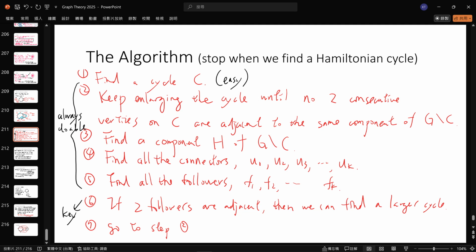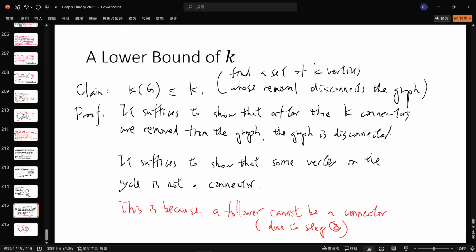So when we execute step 4 or step 5, the connector and follower cannot both be adjacent to H. In other words, a follower cannot be a connector. All right, so this is why the connectivity of a graph is a lower bound for the number of followers.